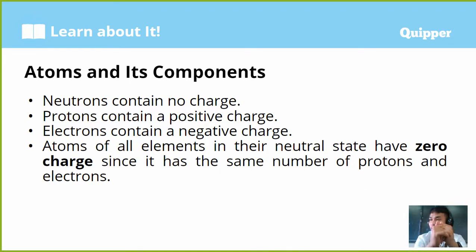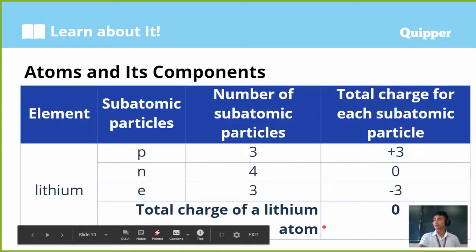So it's stated here that all elements are in a neutral state, or zero charge, because the positive protons equate the negative electrons. I hope you're getting that. Okay, let's continue.